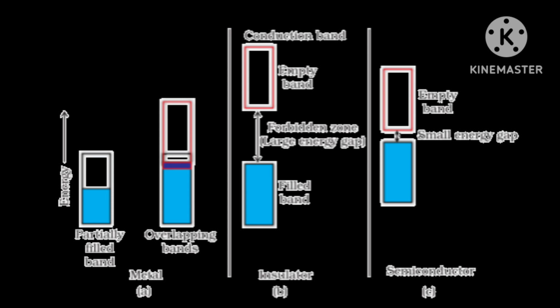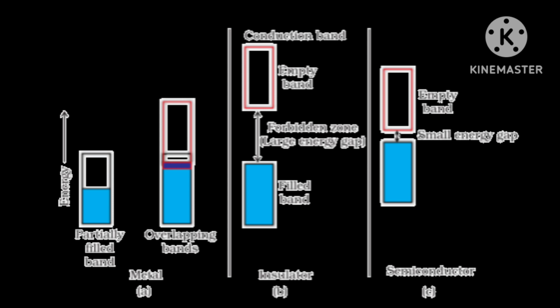That's why it is called unoccupied conduction band. There are two types of band I told you: conduction band and unoccupied conduction band.